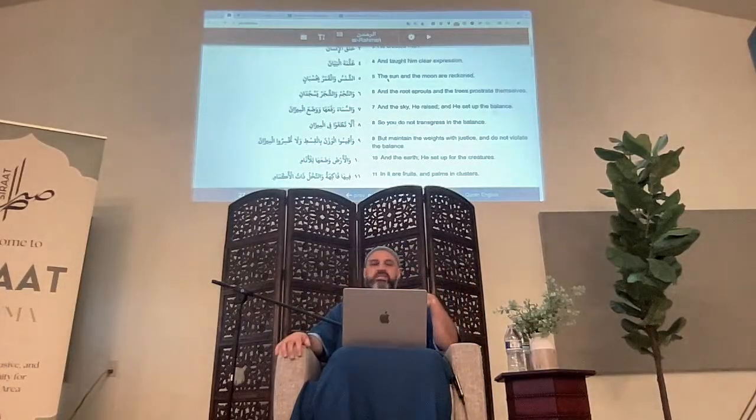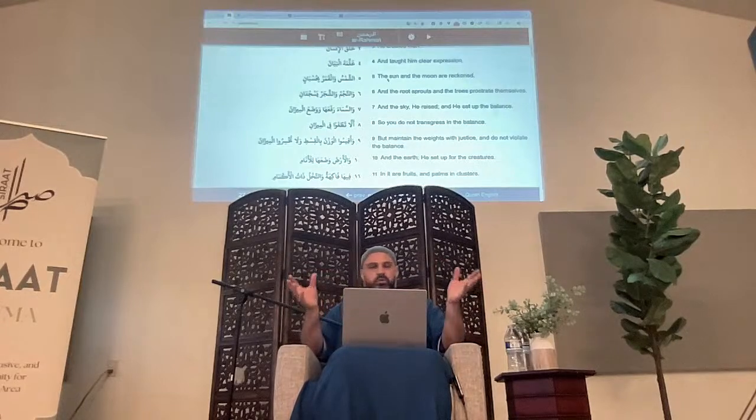When we get to the next section, you'll understand why I prefer this meaning. I'm fine with both. It means both. I agree with Ibn Ashur. It means both star, but also the root sprouts. Okay. They and the trees prostrate themselves.